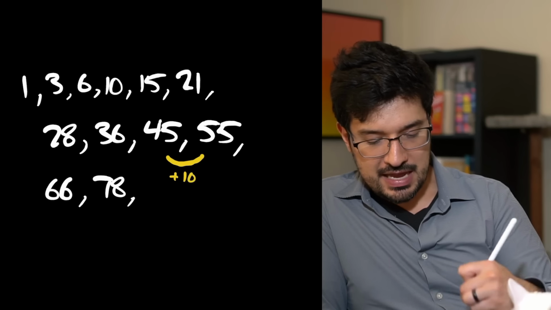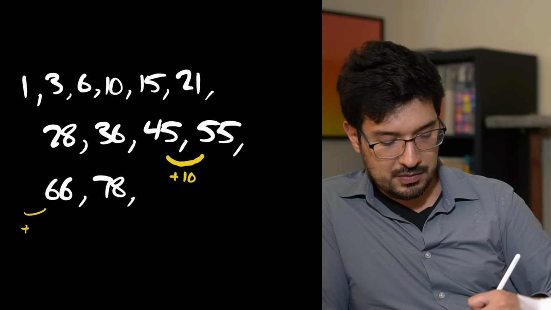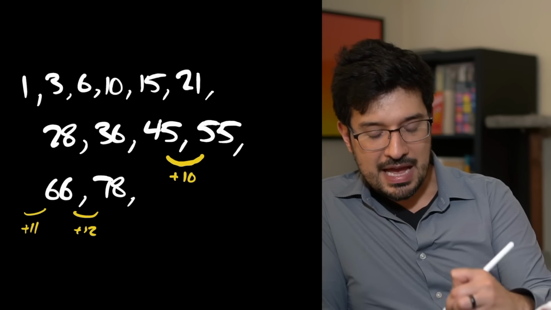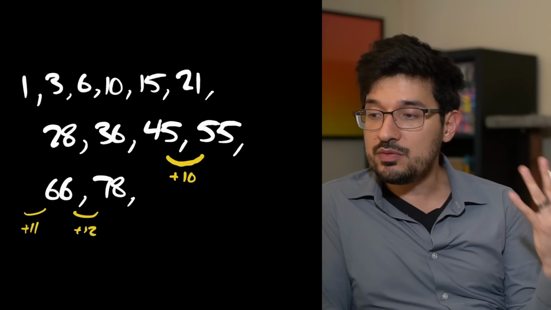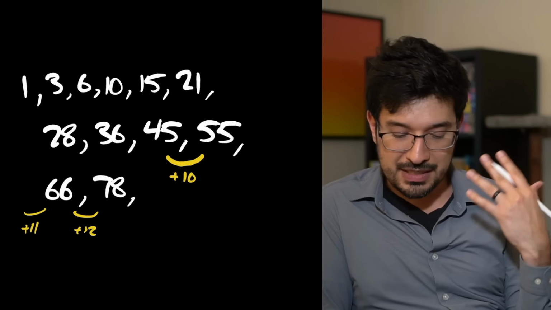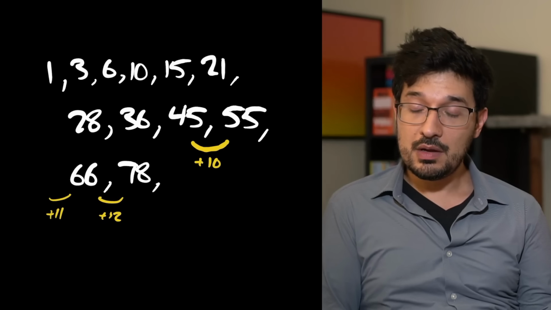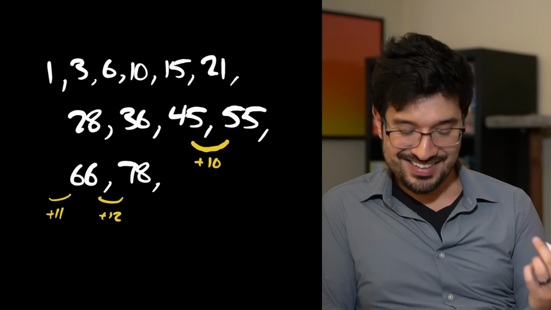We found a plus 10, and then from 55 to 66, that was a plus 11. This one was plus 12. Like, math is all about finding patterns and proving that those patterns are always true. But it's kind of the science of patterns and understanding why patterns work.